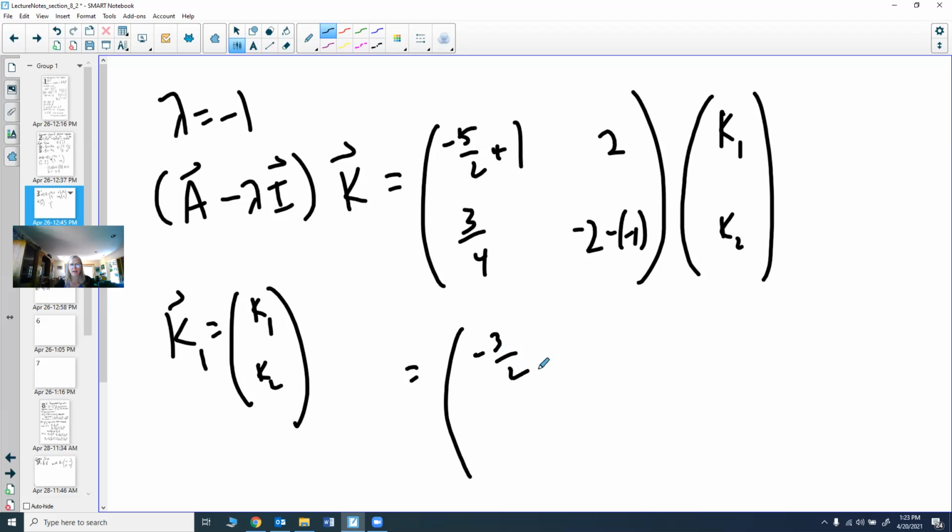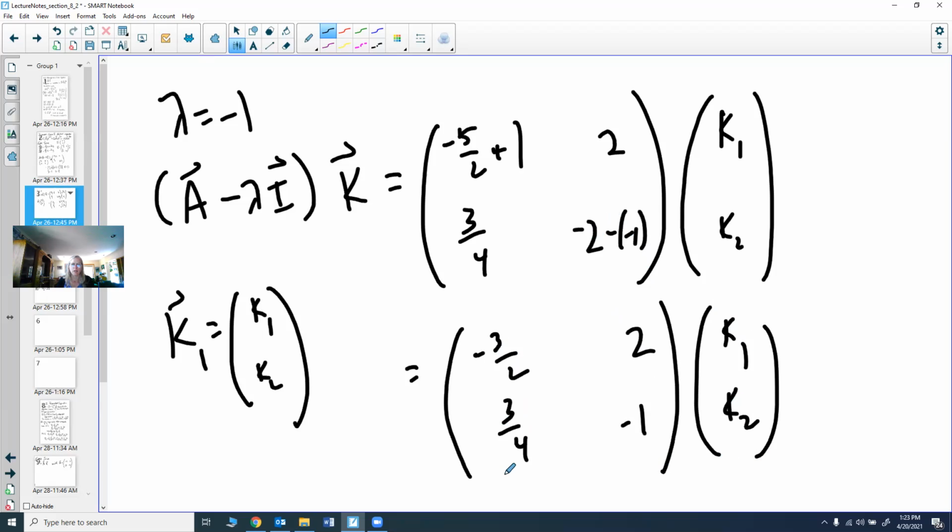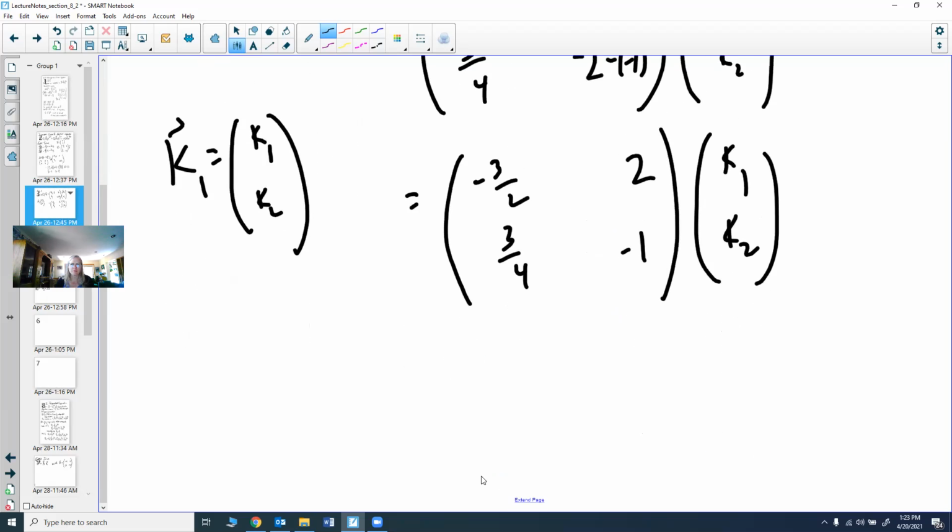So it gives me negative 3 halves, 2, 3/4, and negative 2 minus a negative 1 is going to be negative 1. So now we can go ahead and multiply these together. When you multiply matrices, you're going to get negative 3 halves times k1 plus 2 times k2.